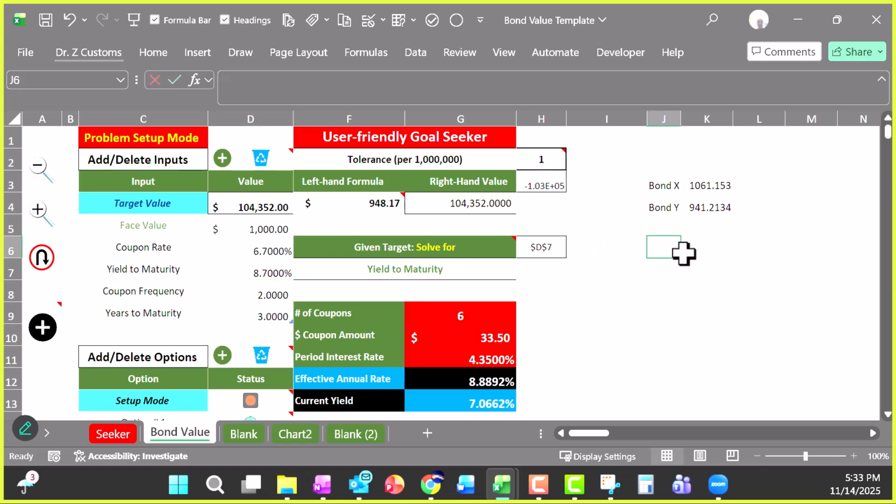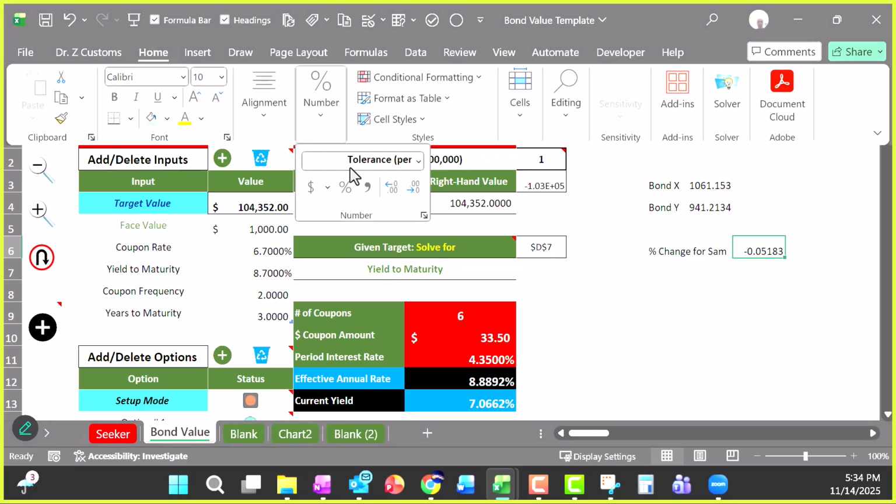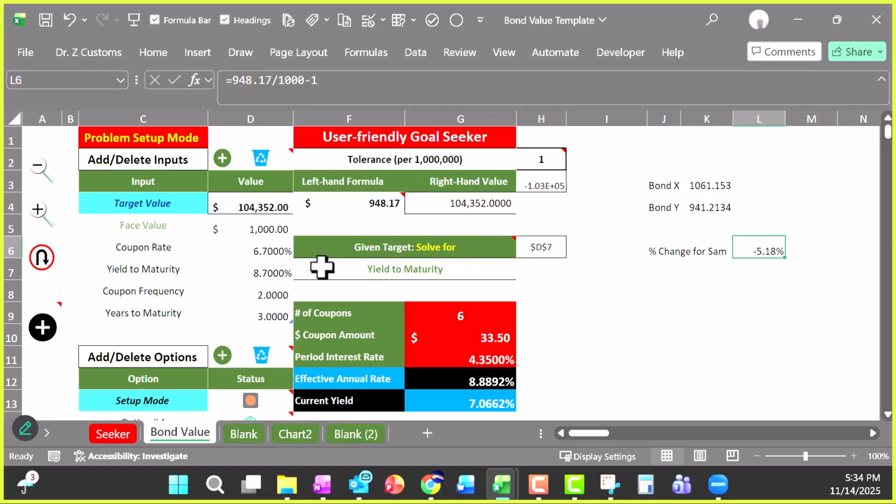And percentage change for this, this was Sam, I think. 948.17 is the new price. It was 1,000, minus 1. Let's make it percent. So the value of this 3-year bond is going to go down by 5.18%.